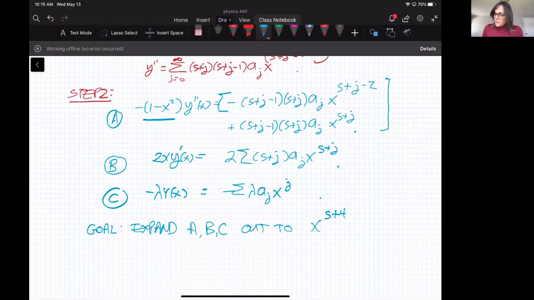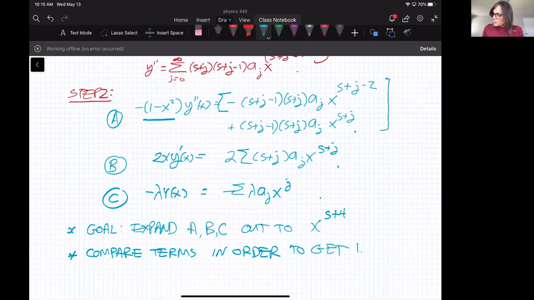Right? And then you're going to compare terms in order to get the indicial equation. So that's the very first goal, to get the IE.